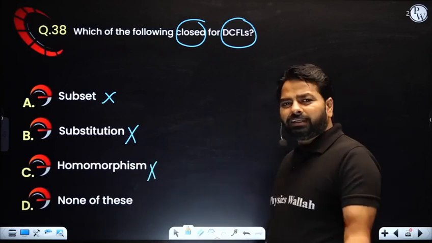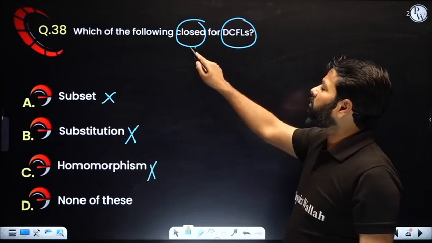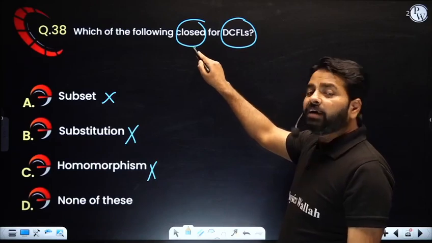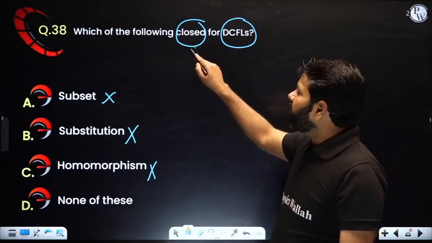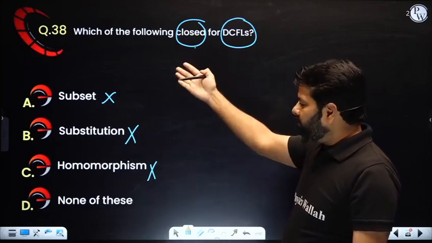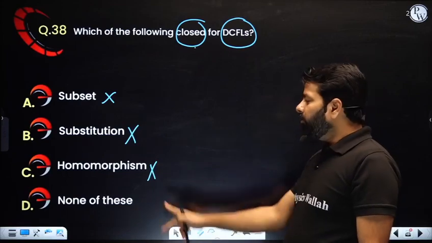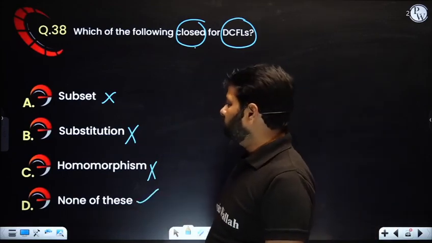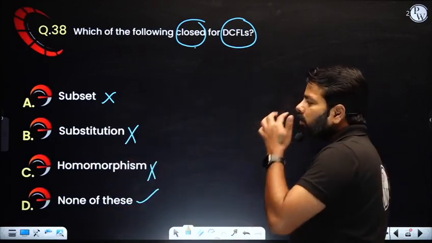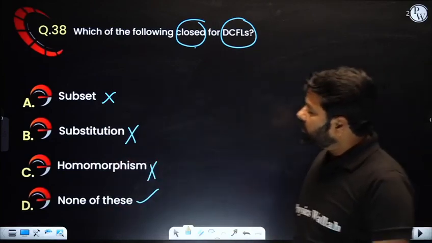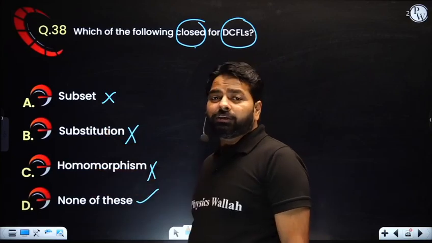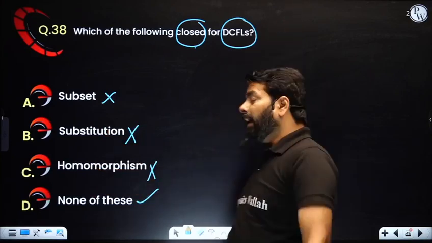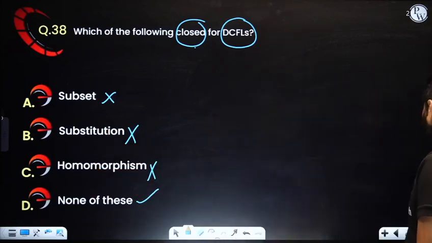What is closed? Prefix, complement, finite subset, inverse homomorphism. Homomorphism is not closed, but inverse homomorphism is closed. So these three are not closed for DCFLs. But among these three, substitution and homomorphism are closed for context free languages. We have proofs for them.